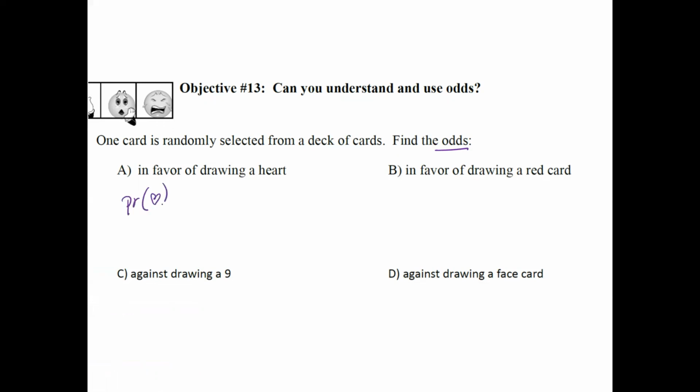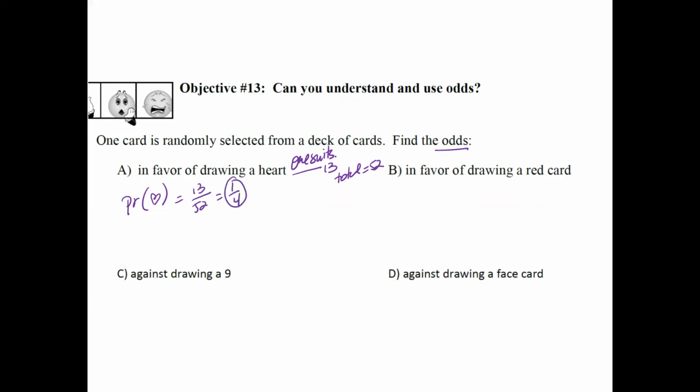So the probability of you drawing a heart is going to be, well, think about it. A heart is one of the suits. There are 13 cards that are hearts, out of 52 total cards. So that's 13 over 52, which is 1 out of 4.